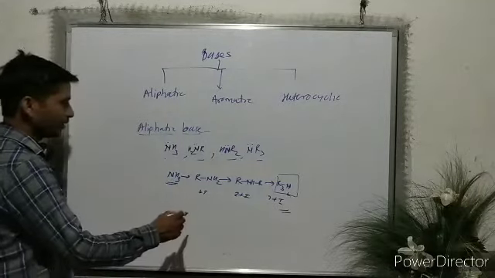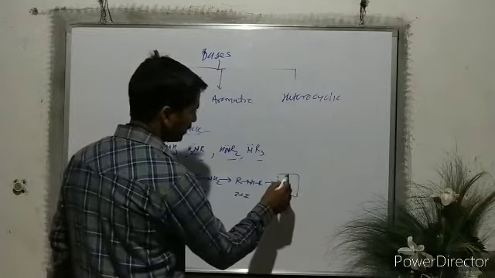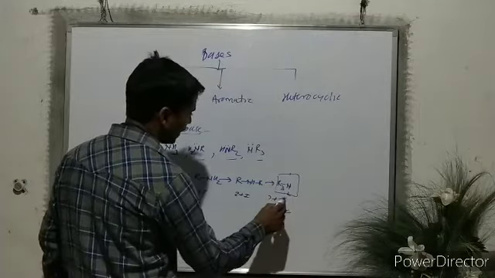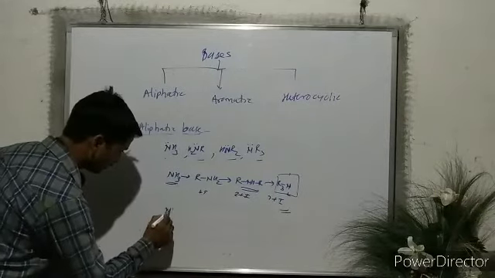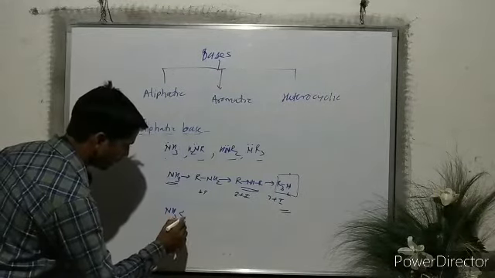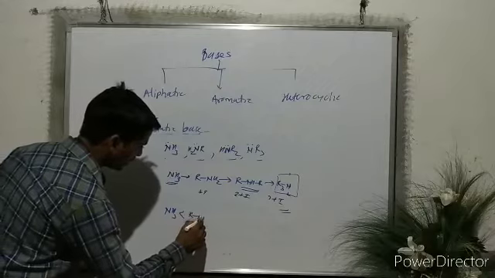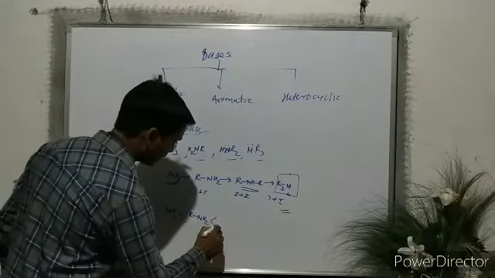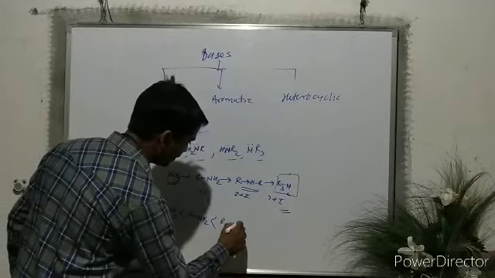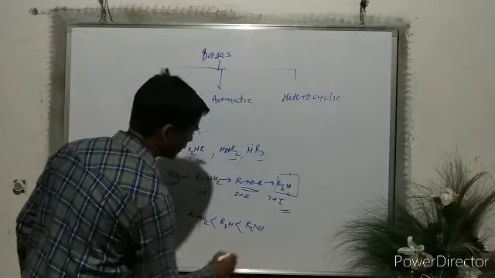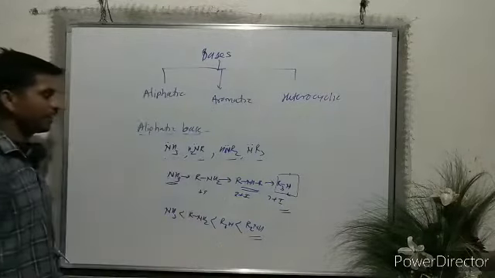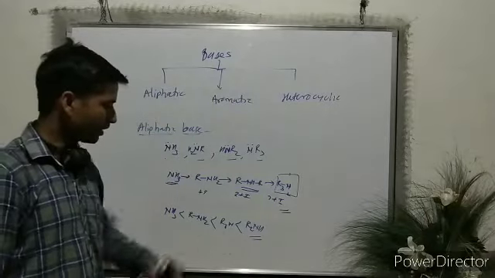But in practice, tertiary amine is less basic than secondary amine. The actual trend is that ammonia is a weaker base than primary amine, primary amine is a weaker base than tertiary amine, and tertiary amine is a weaker base than secondary amine. In this series the secondary amine is the strongest base.